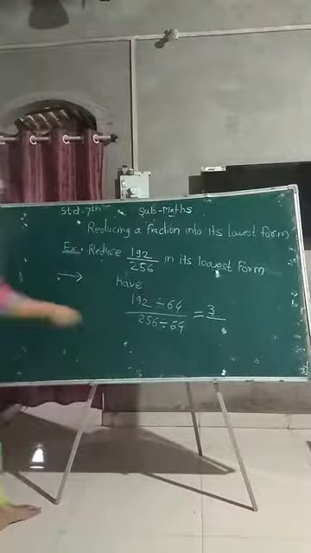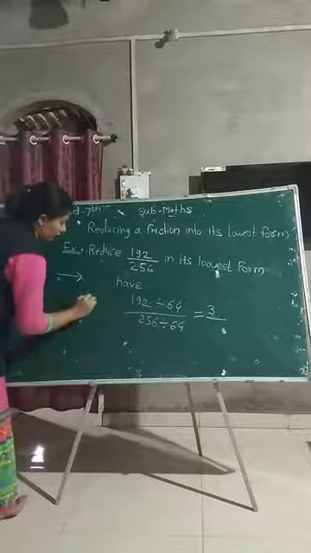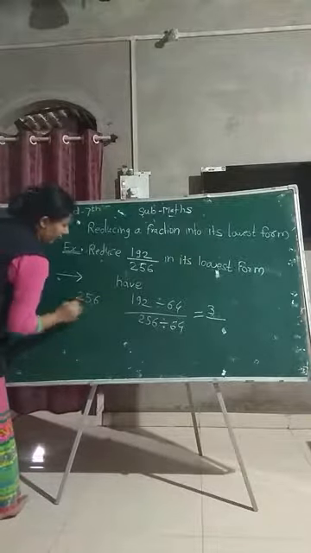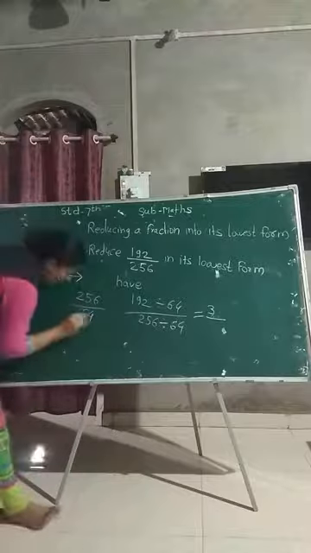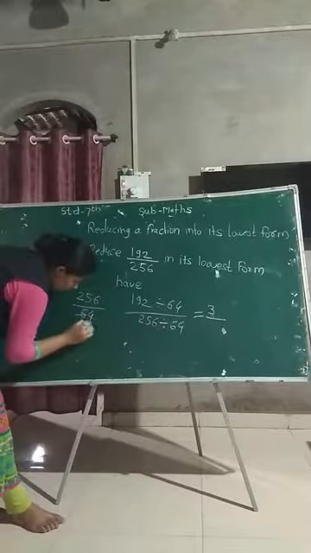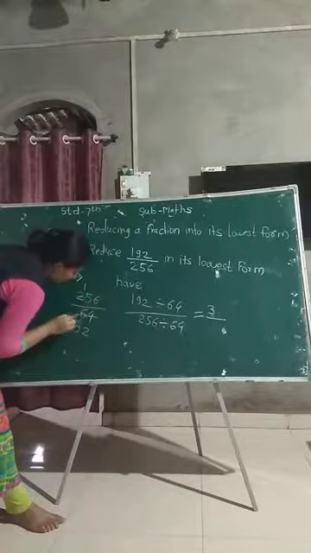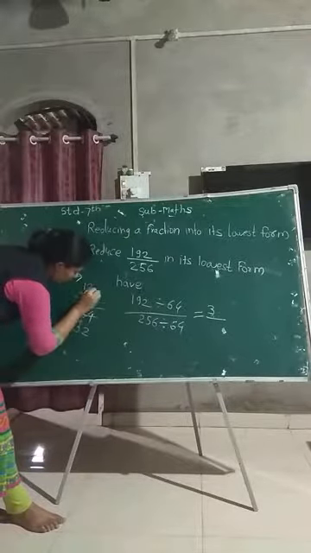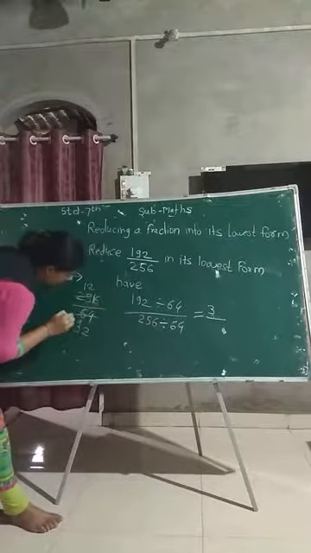Now we take 256 divided by 64. 2 3s are 6. 2 2s are 4. 2 1s are 2. 2 2s are 4. 1 is remaining. So give it to 6.